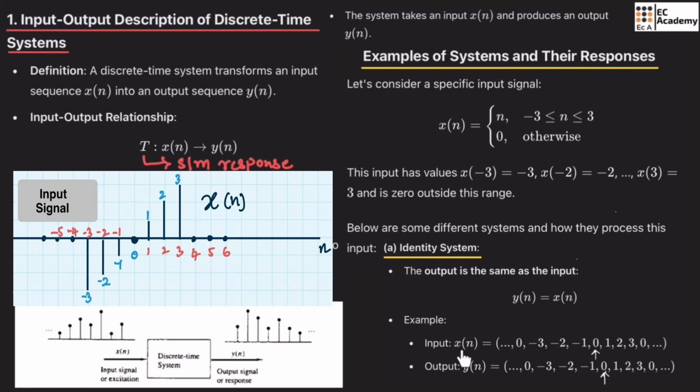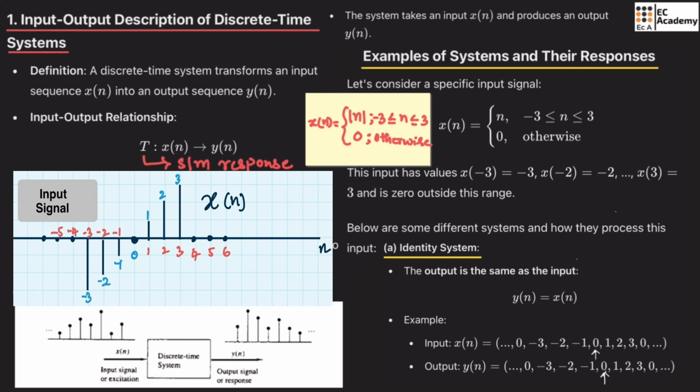So here, as you can observe, we have plotted the sequence for the input signal. We got the sequence based on this equation. In the textbook, they have given the mathematical equation like this, where instead of n, they have given magnitude of n.